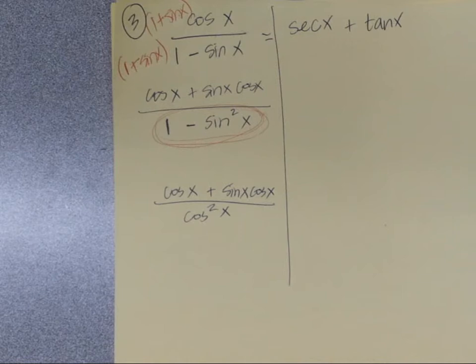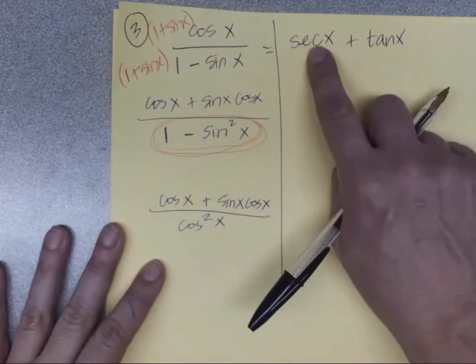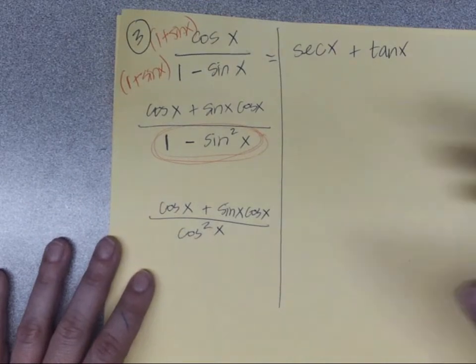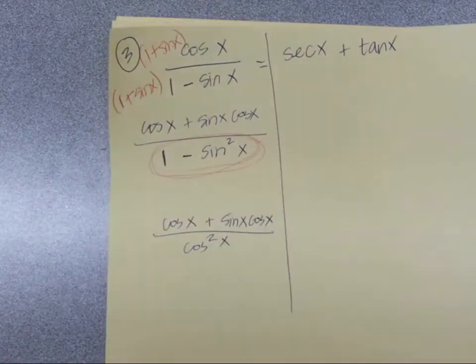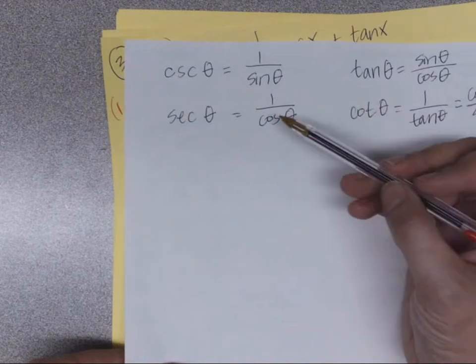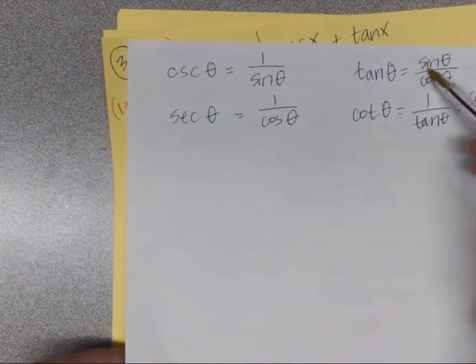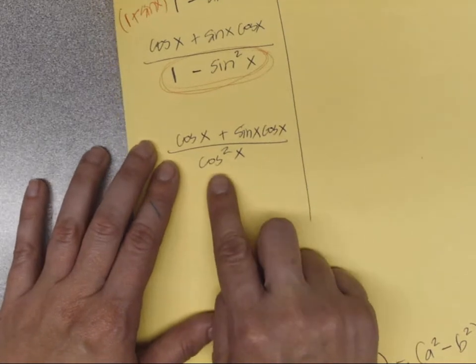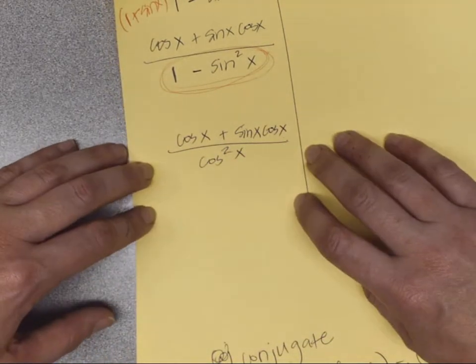Okay, so at this point, you'll notice everything's in sine and cosine, so it wouldn't help to convert anything to sine and cosine. I don't have any identities here, but I need to get over to secant x and tangent x. If you'll remember, secant x is 1 over cosine, and tangent is sine over cosine. So if you notice, we have 2 things on top and 1 thing on the bottom, I could break this apart into 2 different fractions.